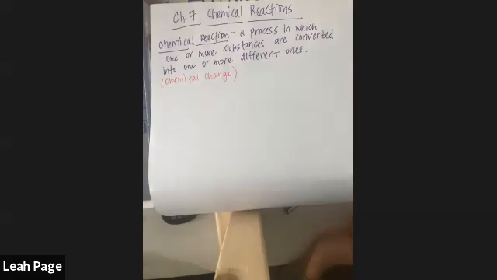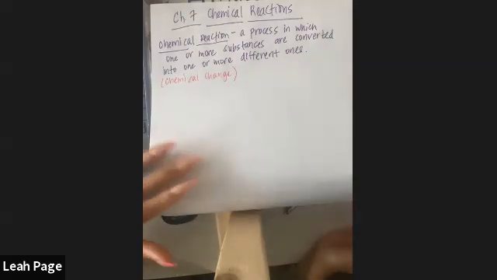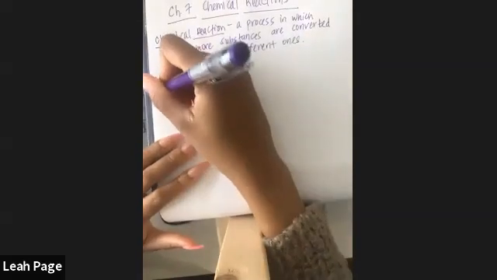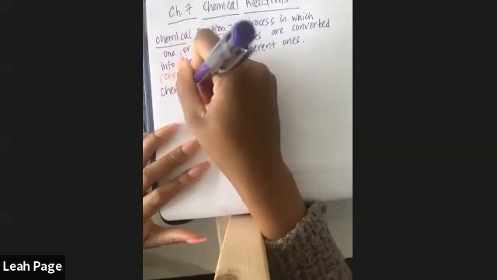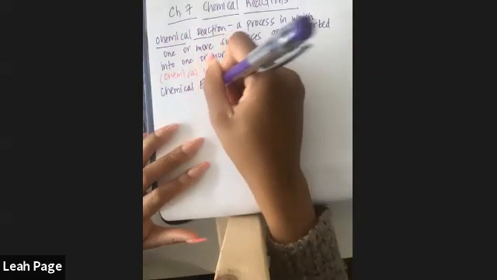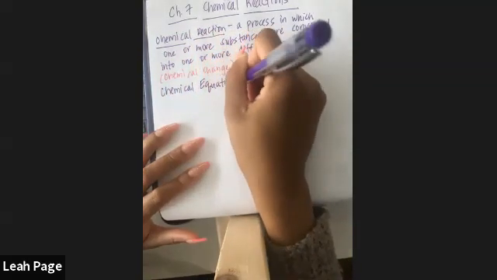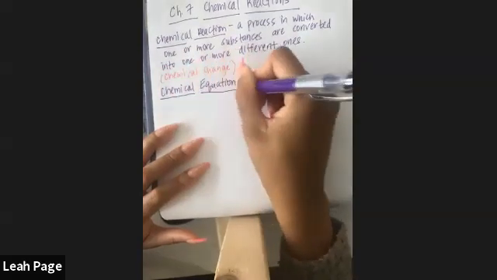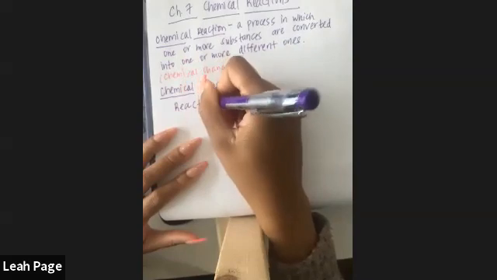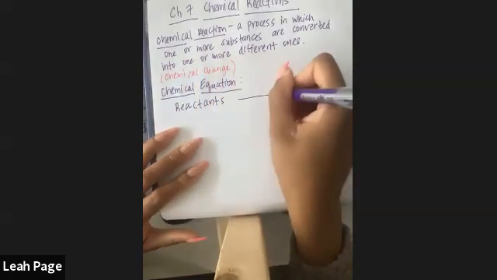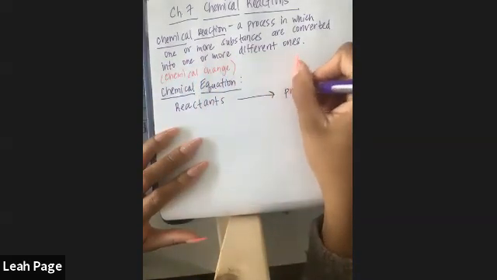All right, so the way we express chemical reactions or chemical changes, we use chemical equations. And a chemical equation starts off with reactants that lead to products.